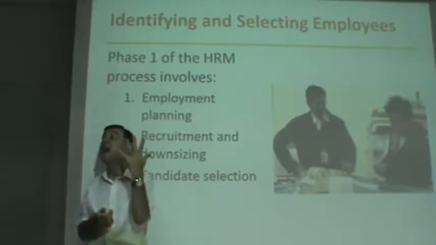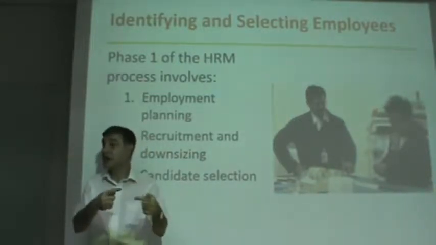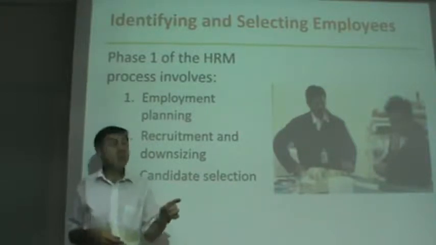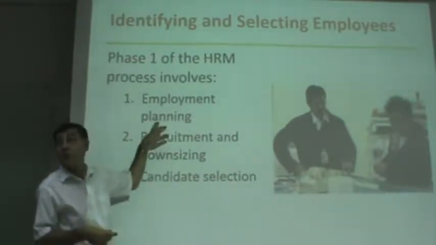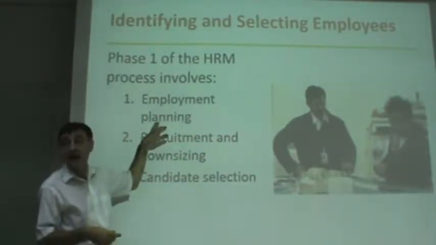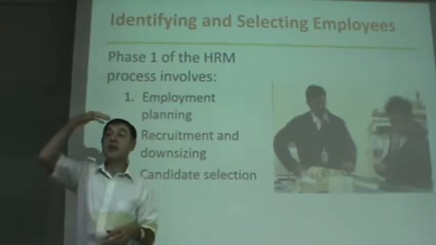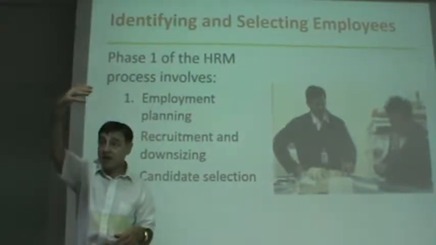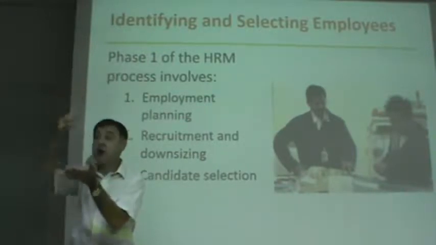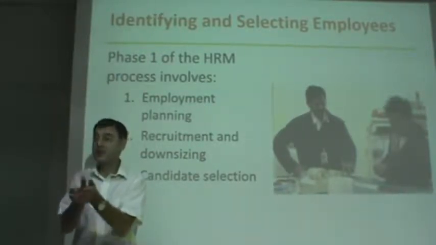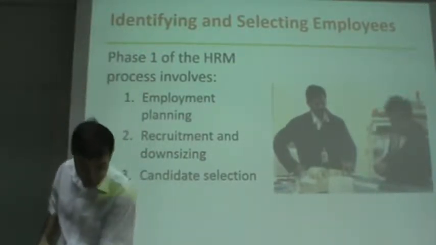Maybe you need 5, okay? Who will be cleaning the rooms. So number 1, you need to do planning, okay? And the planning means you need to identify future needs, and you need to know your current available resources.